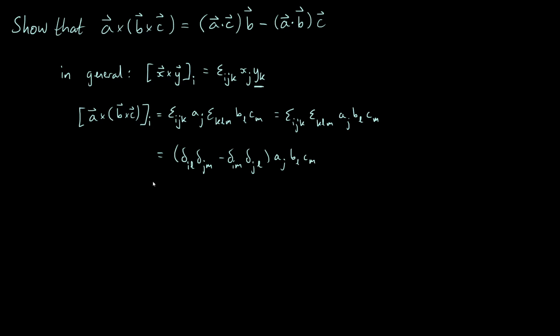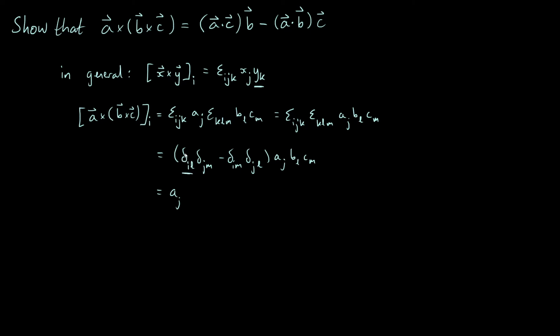Okay, so what we can do is think about the restrictions that these deltas place on the indices. If we expand this into two terms, we have delta il, delta jm, aj, bl cm. Let's just keep the aj as it is. But for this bl term, because we also have a delta il multiplying that, and we're summing over the l's, we only get a non-zero contribution when i equals l.